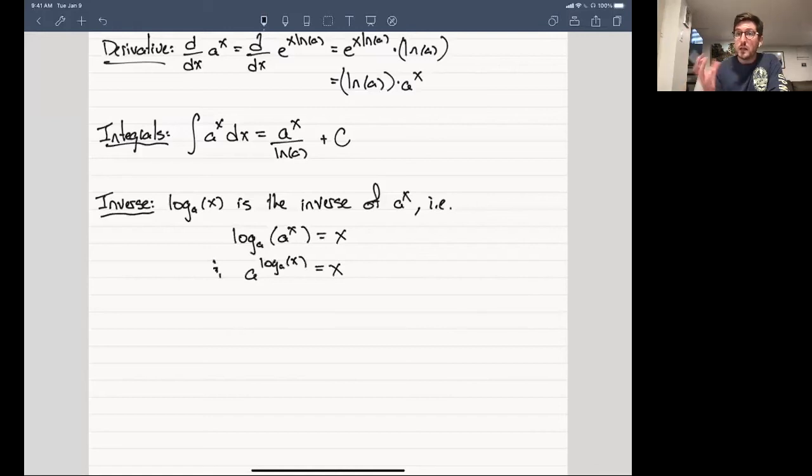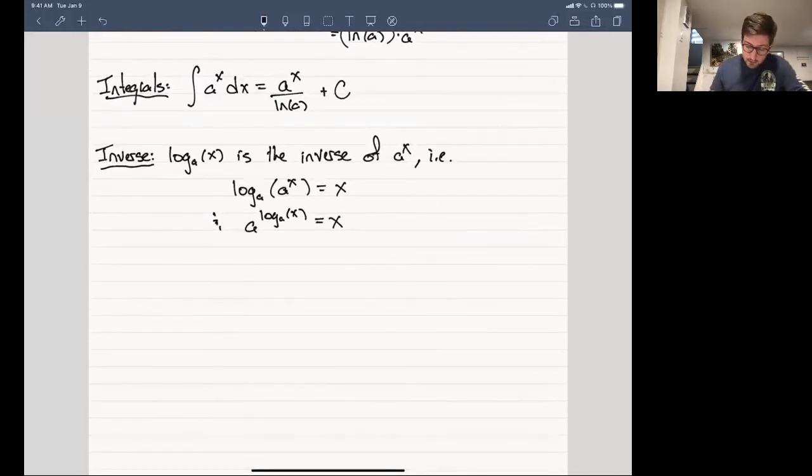Okay, so there's a notational piece to this, but all of this comes back to the fact that log and a to the power of x can be derived using the simple formulas for exponentials and natural logarithms. And so why is that?